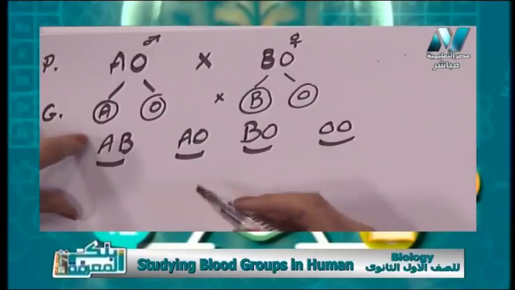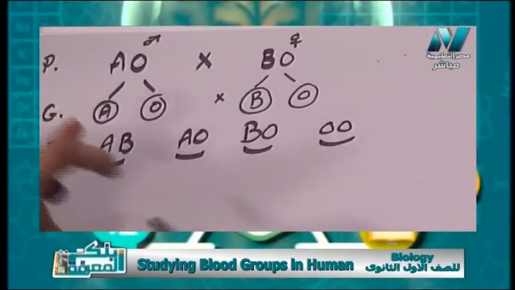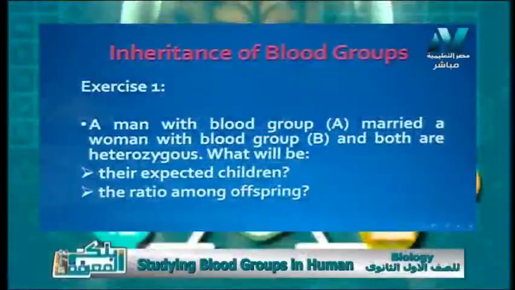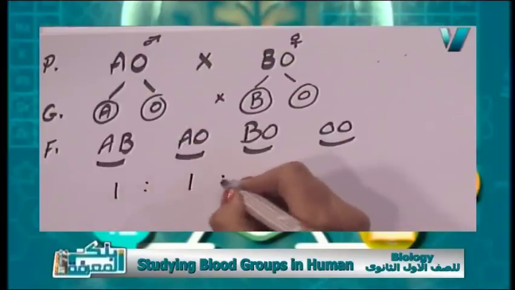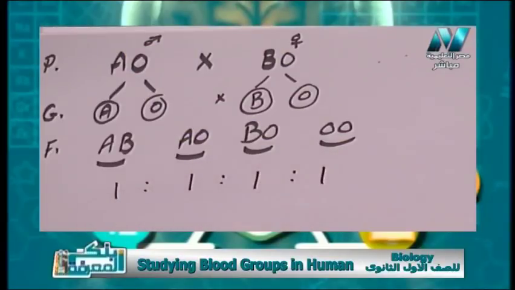So these are the four types of blood groups. And of course, each problem should mention whether the person is homozygous or heterozygous. The ratio among offspring, yes, the ratio must be 1 to 1 to 1 to 1. Okay?